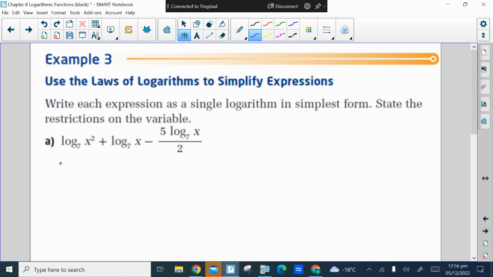So for question A, that last term, log base 7 of x is multiplied by 5 and divided by 2.